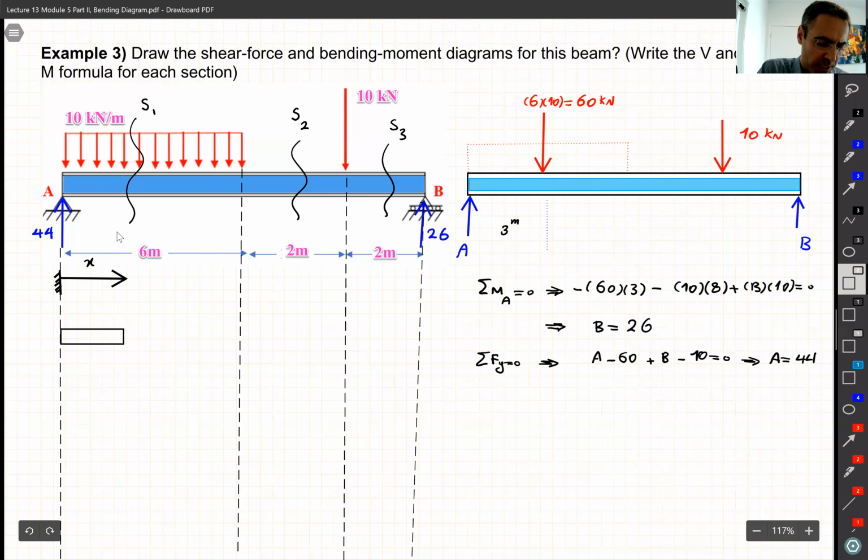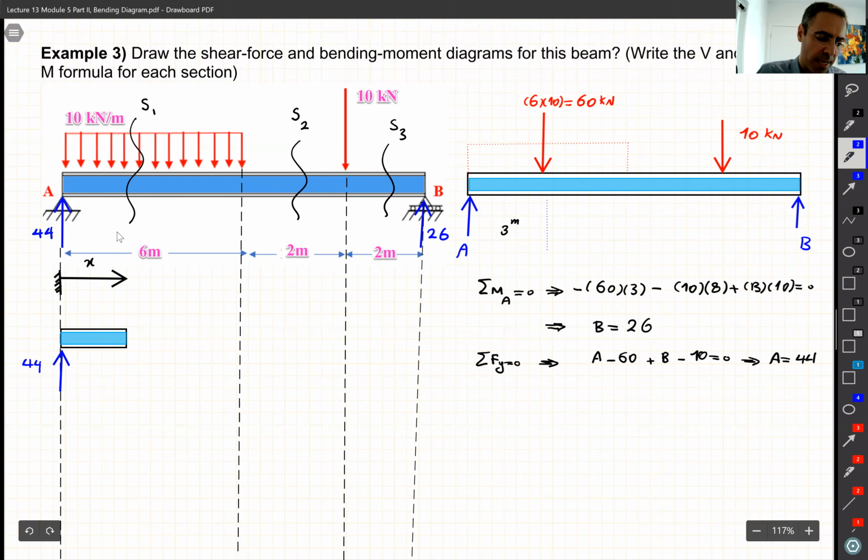So that's my section here. That's the beam. All right. So whatever I see there, I see 44. I put 44 there. That's good.